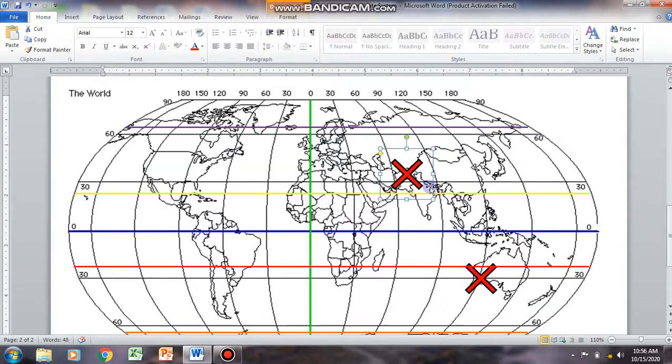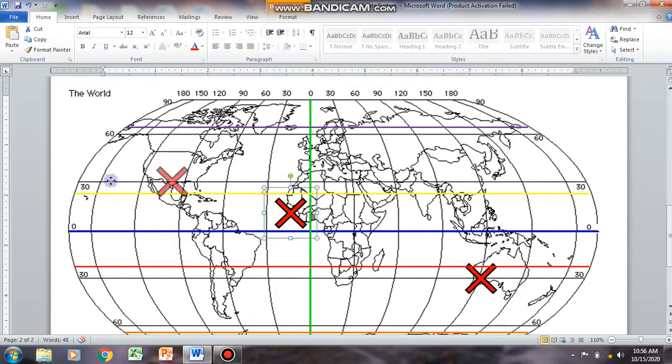If we're looking for 30 degrees north, we will look for the northern hemisphere. Nasaan yung northern hemisphere? Ito yung bahagi ng mundo na nasa itaas ng equator. Nandito siya. Saang number ka titingin kapag 30 degrees north? Ito, sa kaliwa at kanan na number because this indicates the number for latitude.